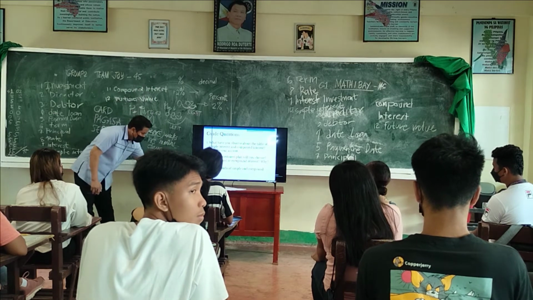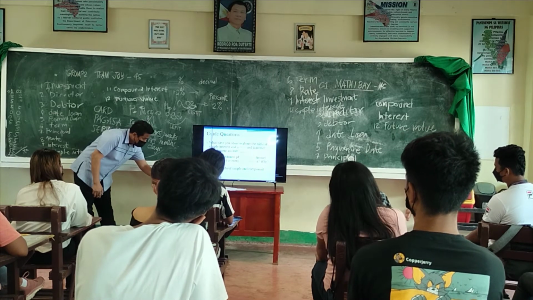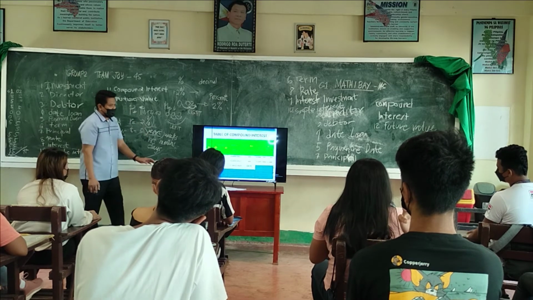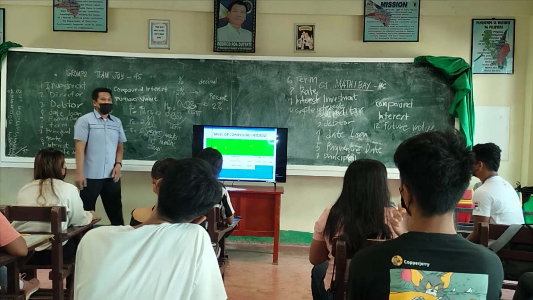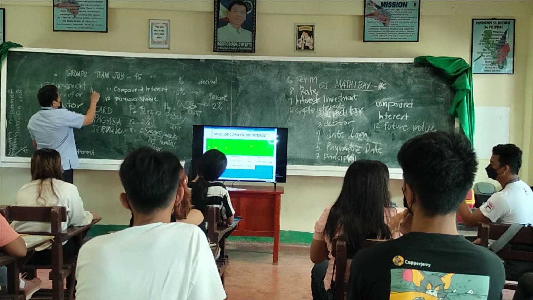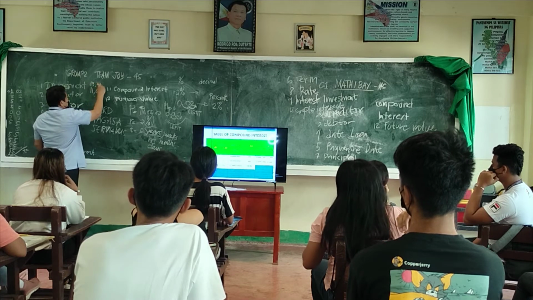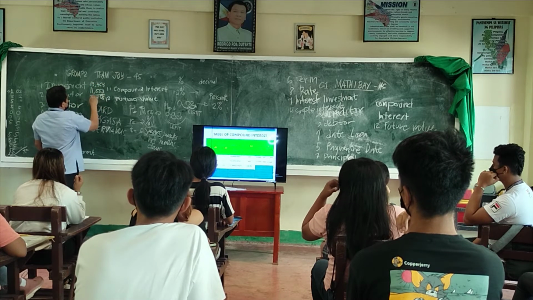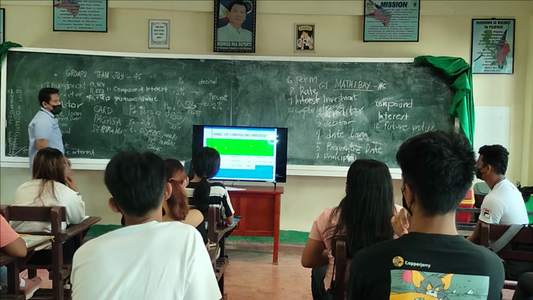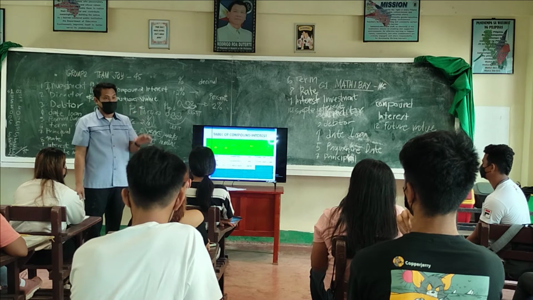So niabot ang 13,358. So, pila ang tubo? You're going to subtract. We have 11,000 and we have 13,358. We have 2,358 pesos na mas maayo pa ang compound interest if you are investing the money.